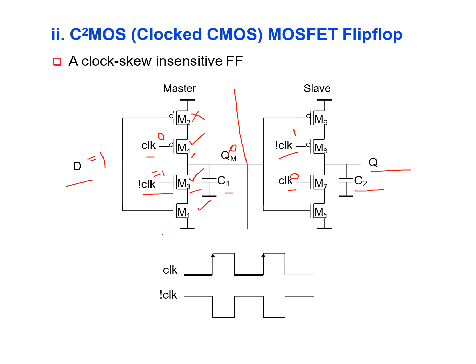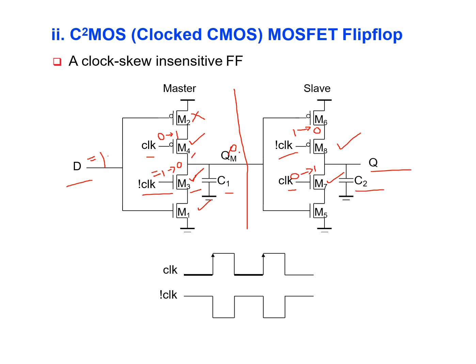Now when I switch the clock from 0 to 1, my clock bar changes to 0. Now your master is in hold state because the M3 and M4 transistors are off. Now M7 and M8 are on. So your master is acting as hold and slave is acting as transparent.